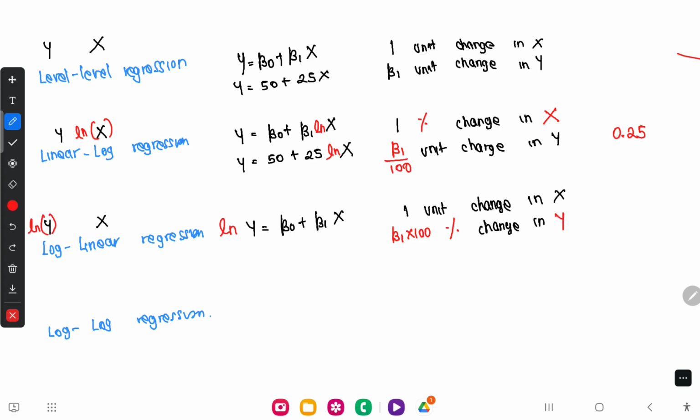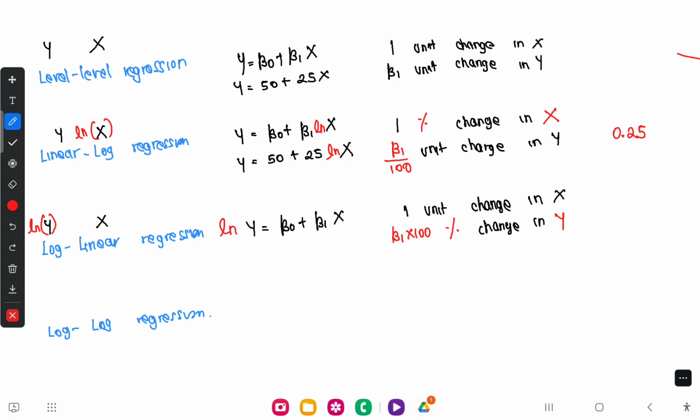Why do we say it like that? Because we are applying the log to y, not to x. So x will increase by 1 unit, and if that's the case, y will show a percentage increase by beta 1 into 100.